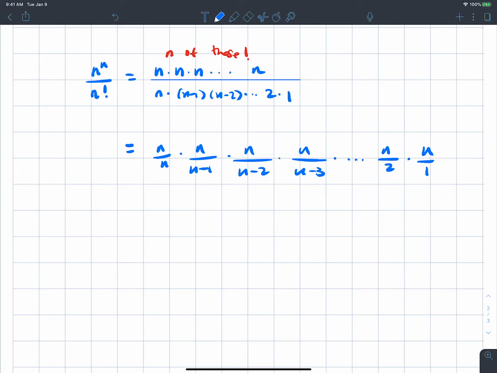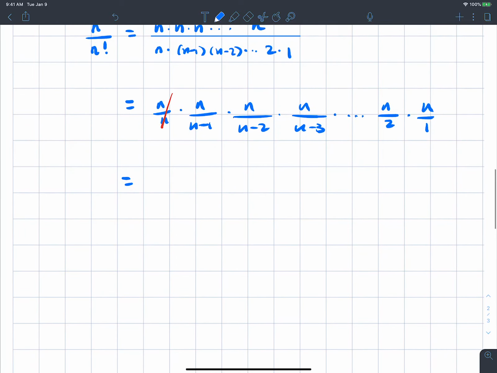And I can point out to you that we have cancellation here. If we're looking at this in terms of the product of every term, I have n over n, n over n minus 1, n over n minus 2, n over n minus 3, down to n over 2, n over 1.